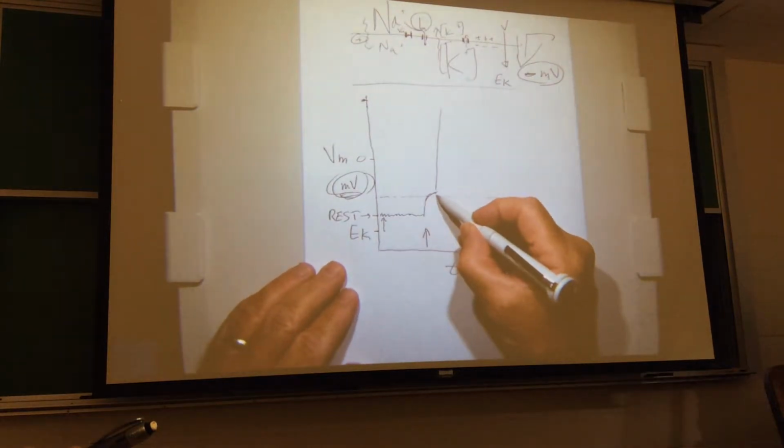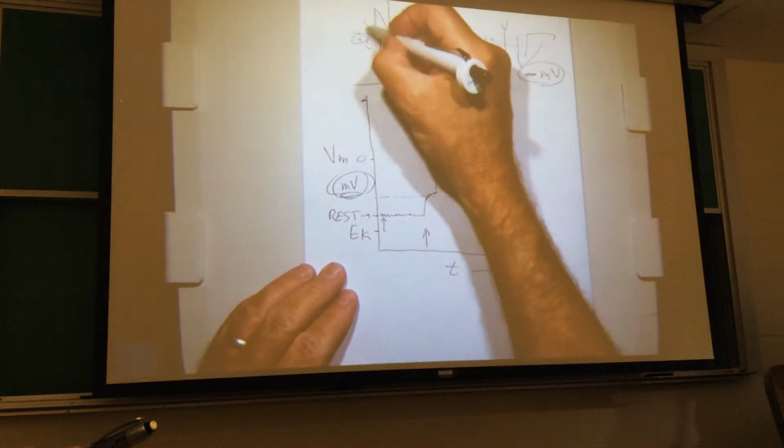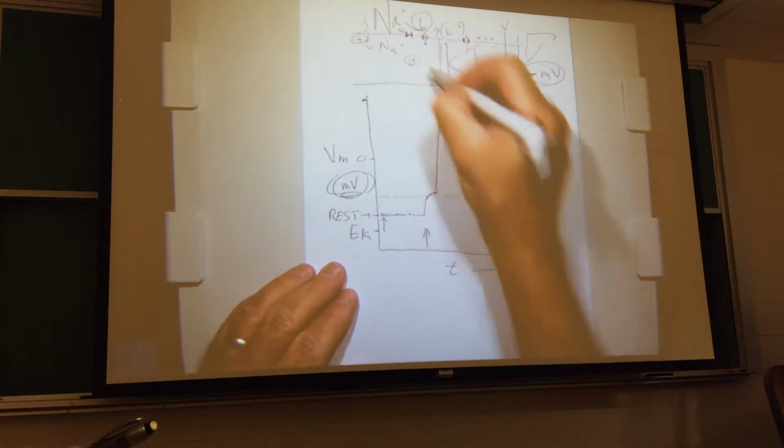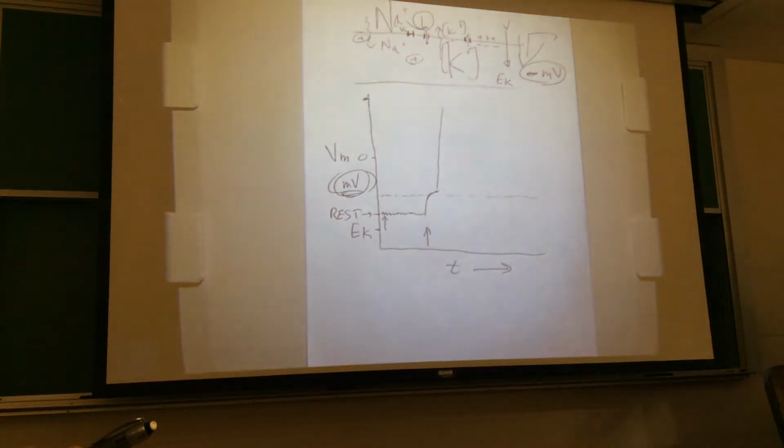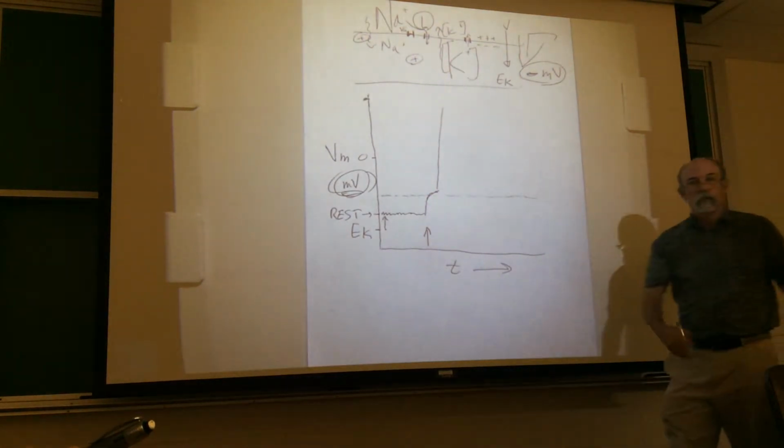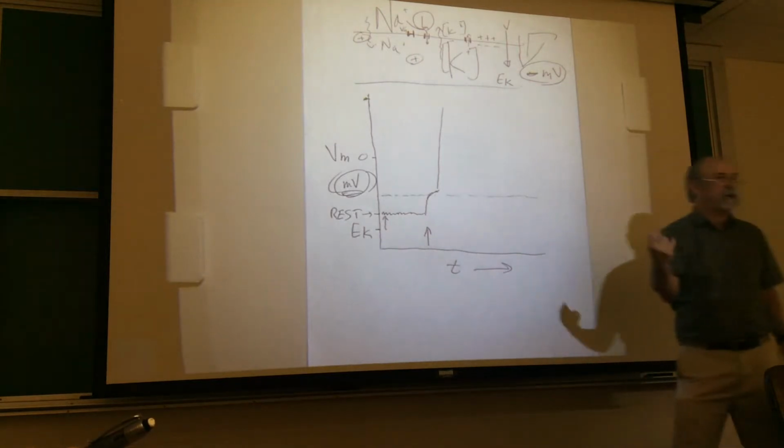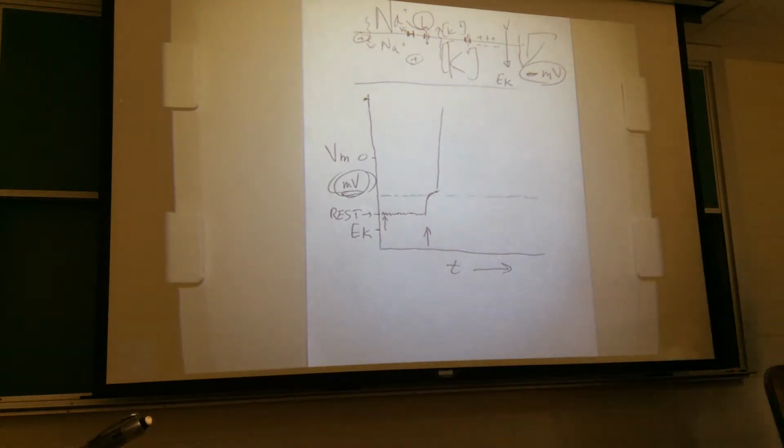As you're doing this, sodium is coming in. What is it doing? It's starting to add positive charges. What are positive charges going to do? Depolarize, okay? But there's still this conductance for potassium going the other way. Positive in, positive out. So if that's balanced, what's going to happen?